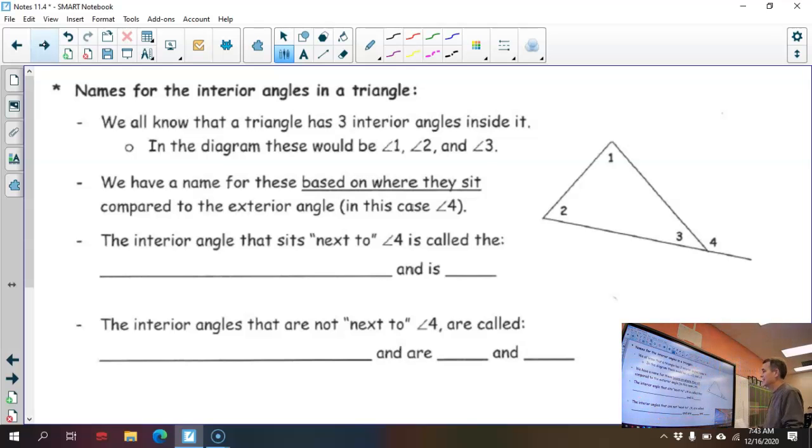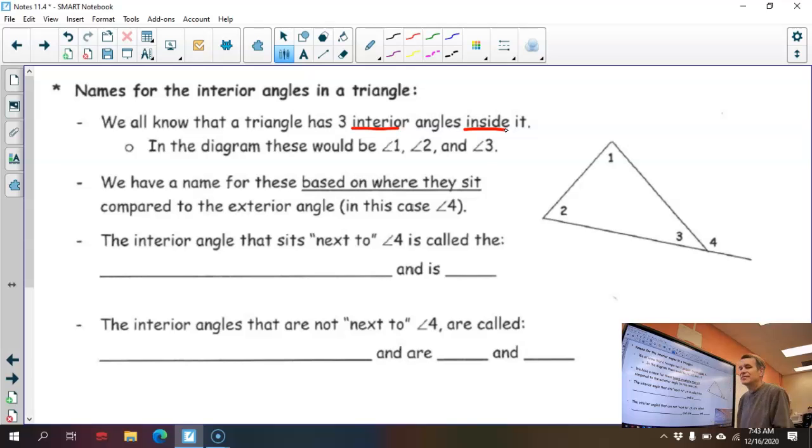You can see I have a diagram here. We know that a triangle has 3 interior angles inside it, right? Interior means inside. In the diagram, this would be angle 1, 2, and 3. We have a name for these, right?